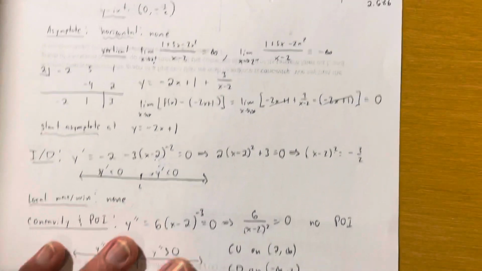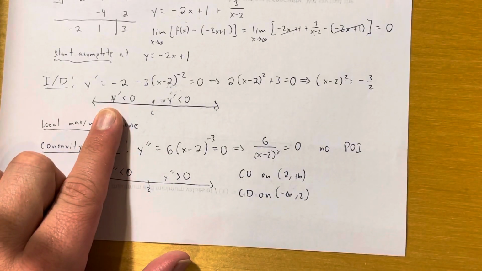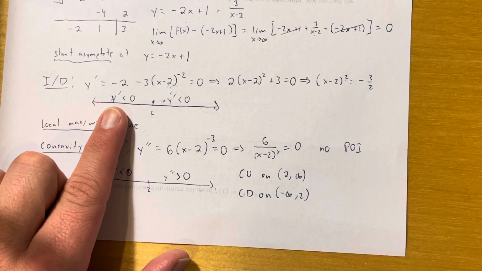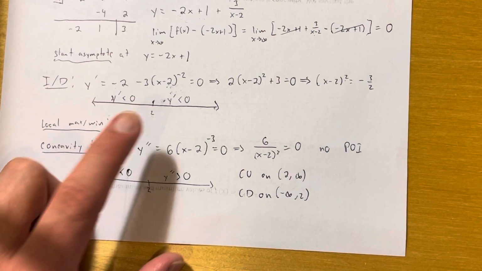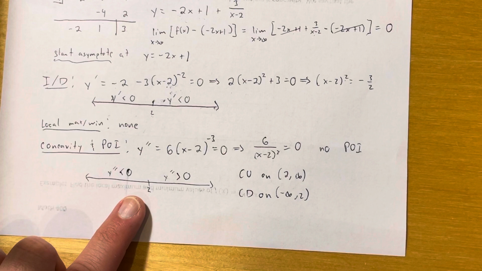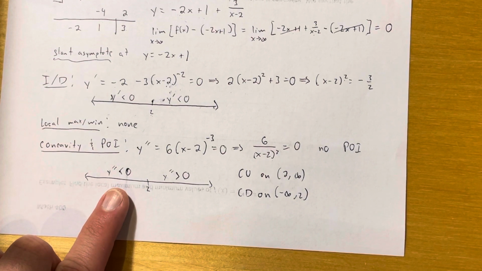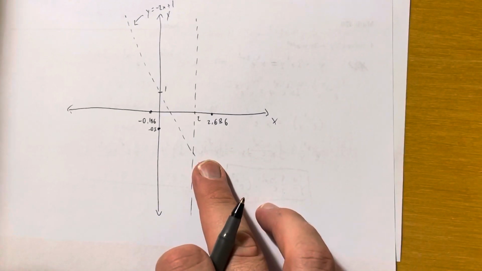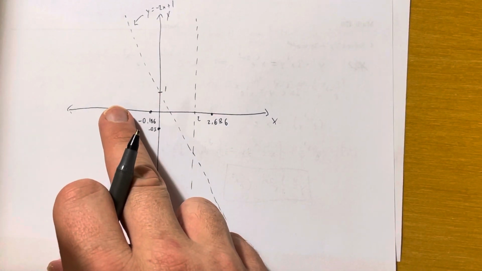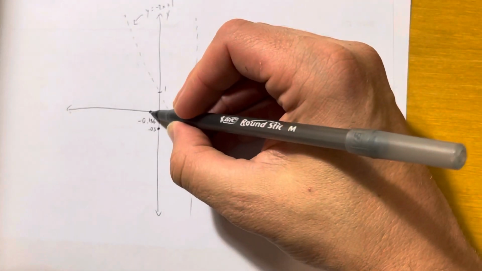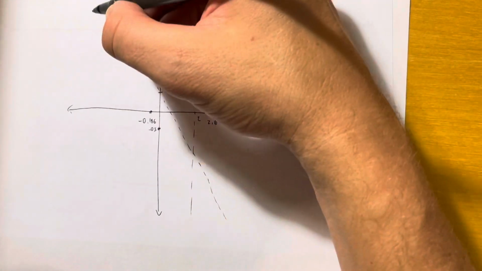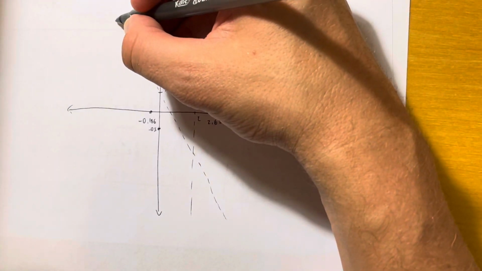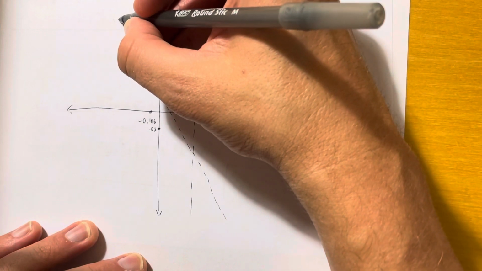Okay, we have that. Now, increasing, decreasing. So we are decreasing everywhere to the left of 2. And we also know that everywhere to the left of 2, we are concave down. So to the left of 2, we are decreasing and concave down, and we pass through these 2 points here. That indicates that this thing is going to do something like this.